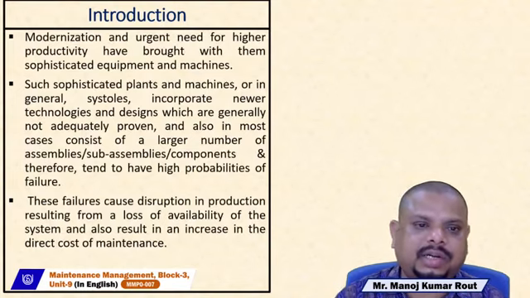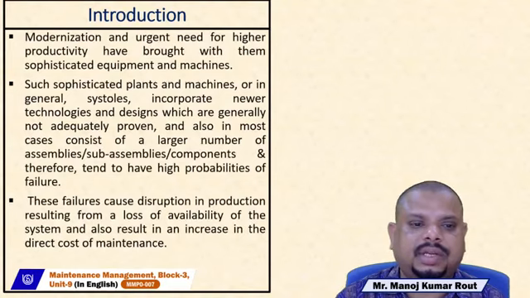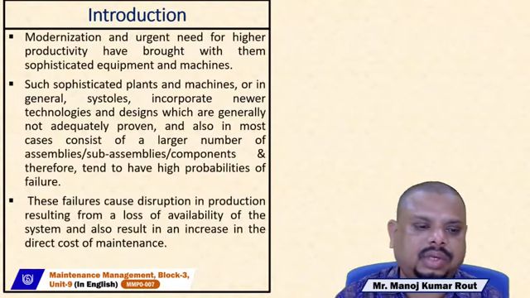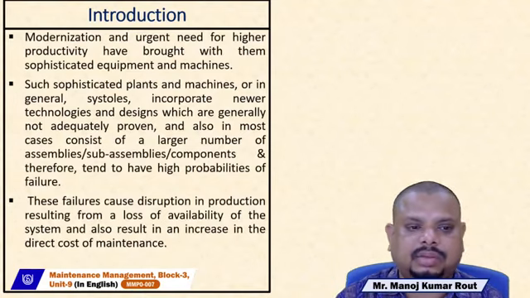So for sophisticated plant and machines, in general, the system incorporates new technologies and designs, which are generally not adequately proven, and in most cases consist of a large number of assemblies, sub-assemblies and components. Therefore, that tends to a higher probability of failures.